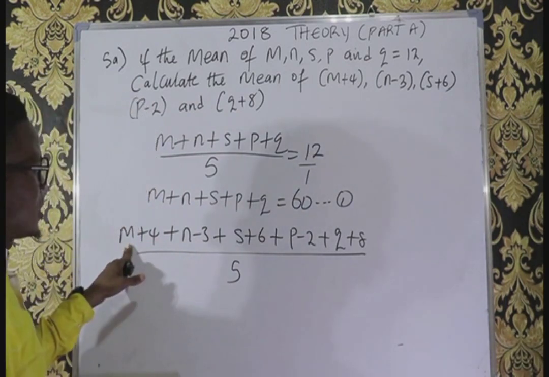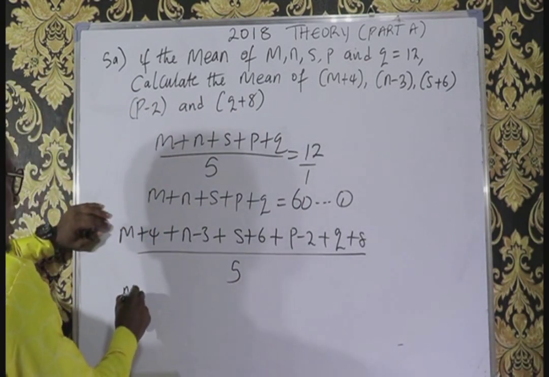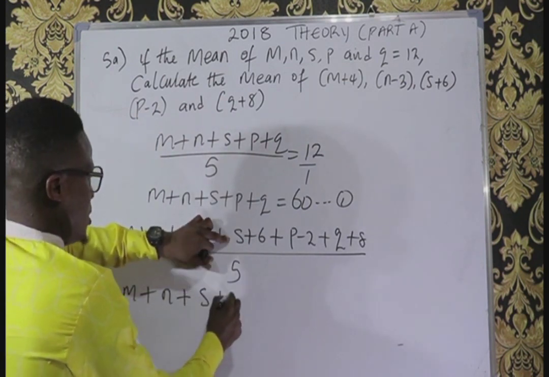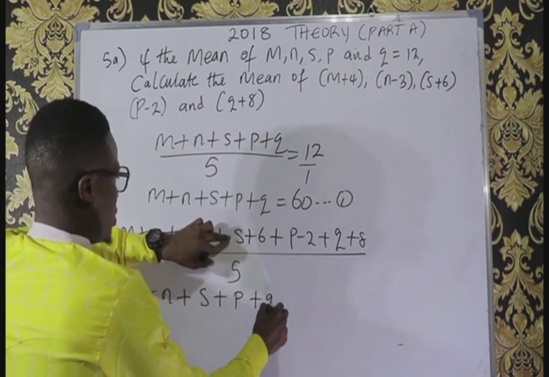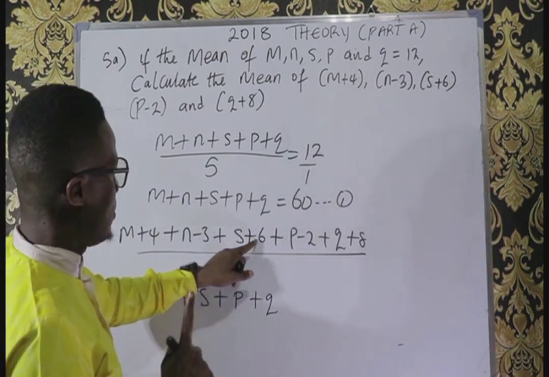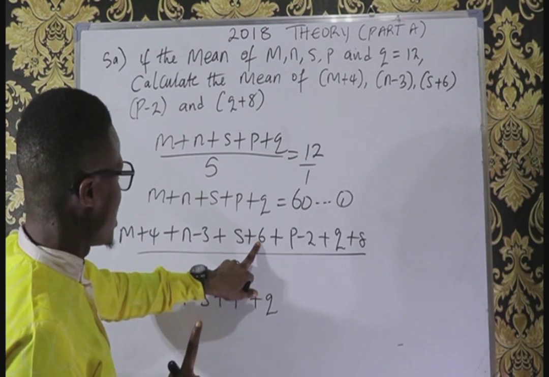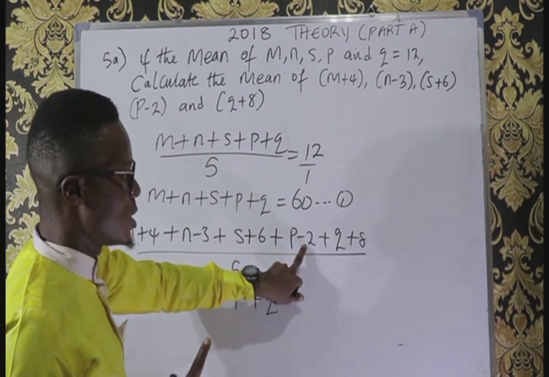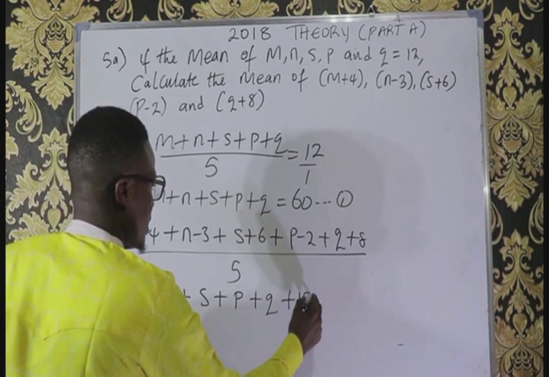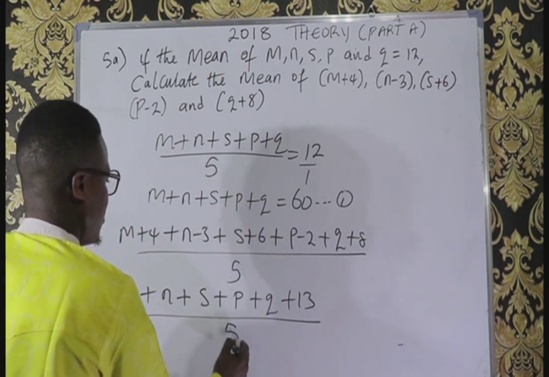Now let us get the letters first. The letters are m plus n plus s plus p plus q. Then 4 minus 3 is 1. 1 plus 6 is 7. 7 minus 2 is 5. And 5 plus 8 is 13. So you say plus 13 all over 5.